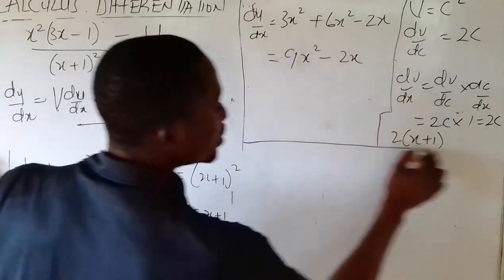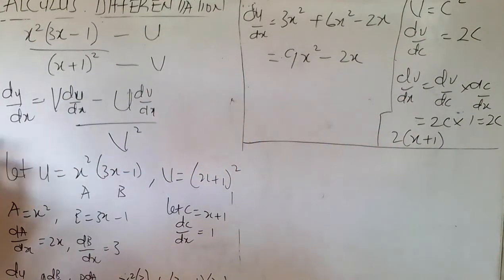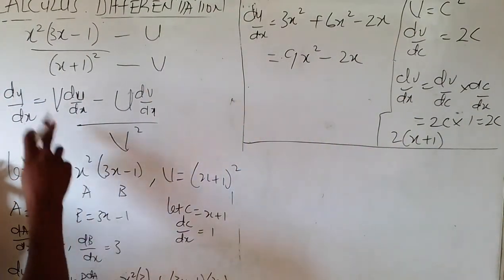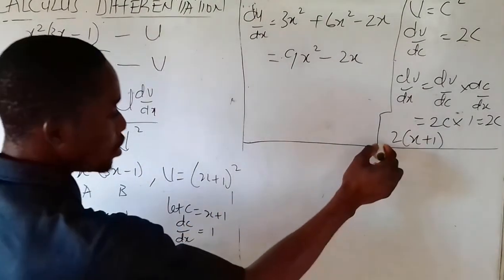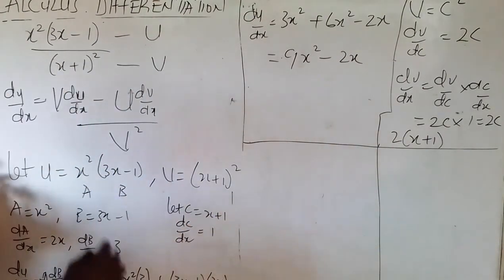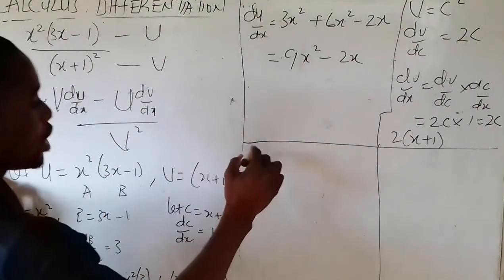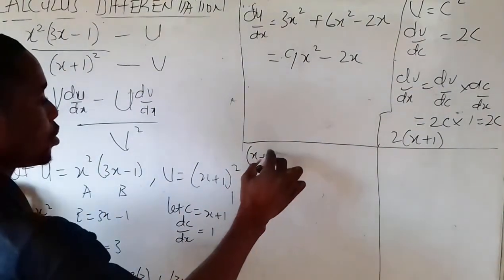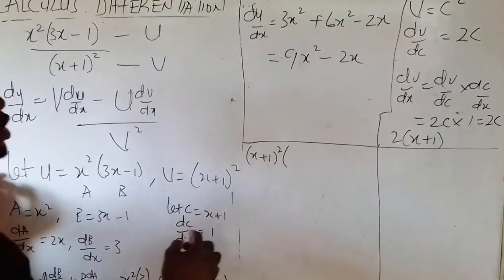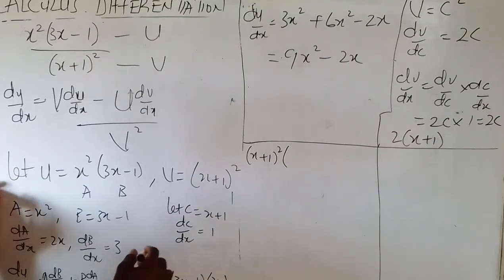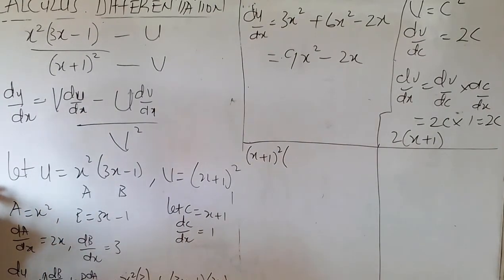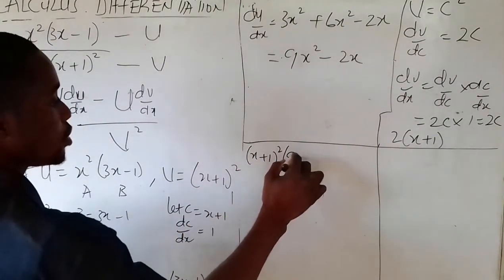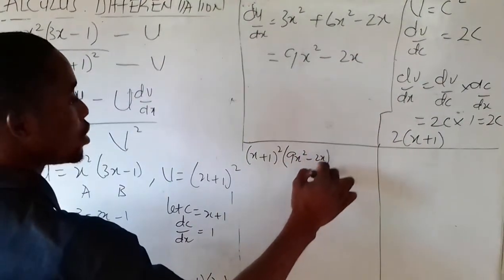Let's now apply that into our formula to get dy/dx. Where v is x plus 1 all squared, and du/dx is 9x squared minus 2x.